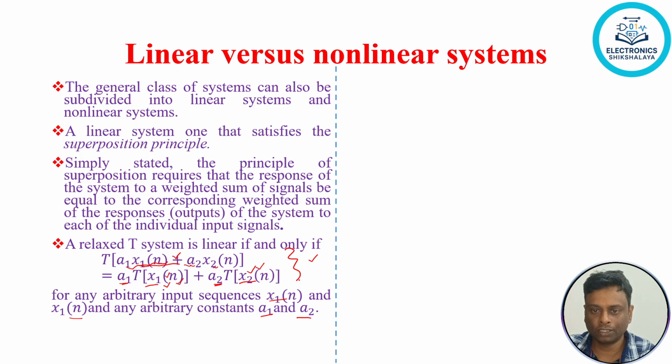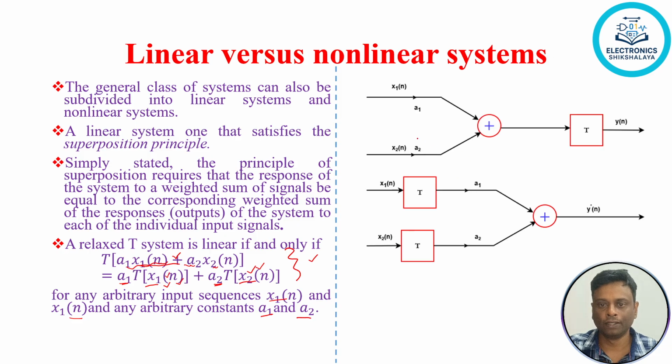Let us see that in terms of a diagram. Here x1 of n and x2 of n, with a1 and a2, are combined to give a1 x1 of n plus a2 x2 of n, which is applied to the discrete-time system.